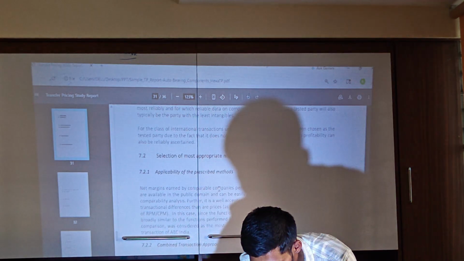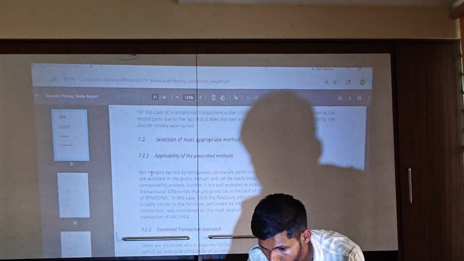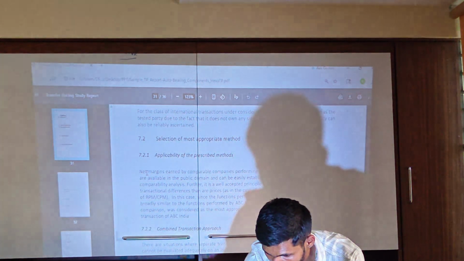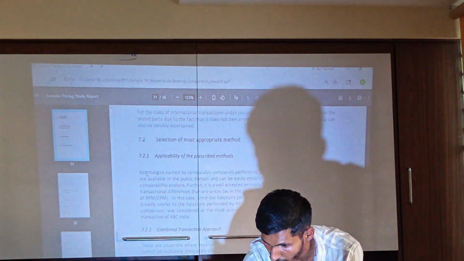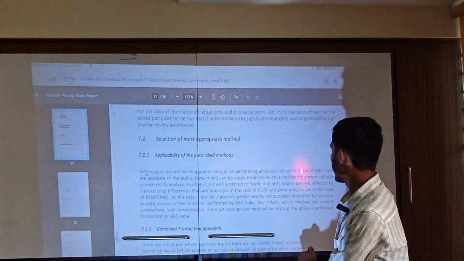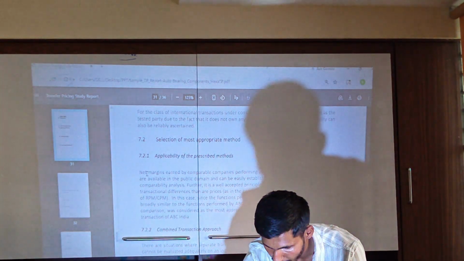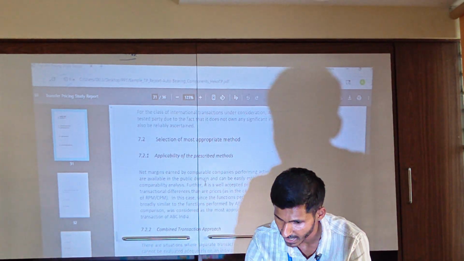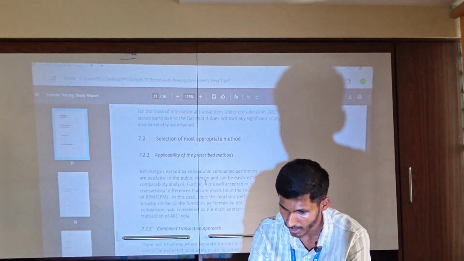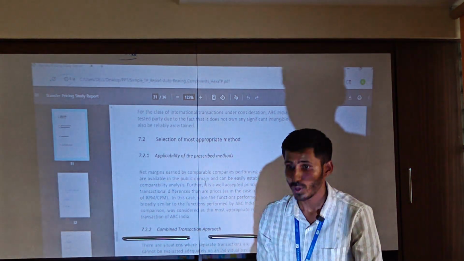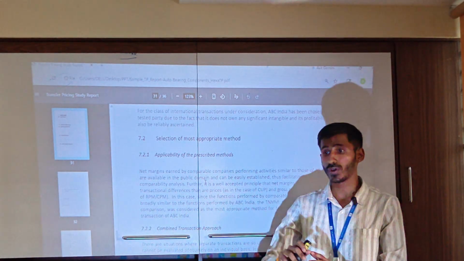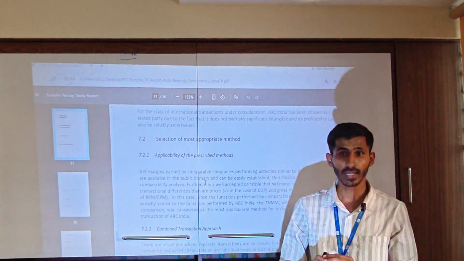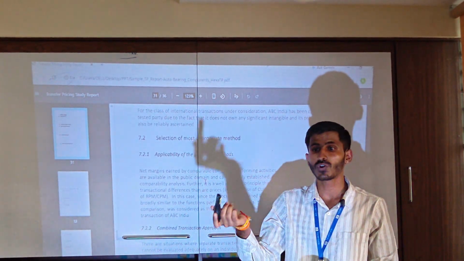So here the focus is on, I shall read the slides: net profit, net margin earned by comparable companies performing activities similar to those of ABC India Limited are available in the public domain and can be easily established, thus facilitating a more reliable comparability analysis. In this report we have to give all five methods, and we should state why each method is not appropriate.